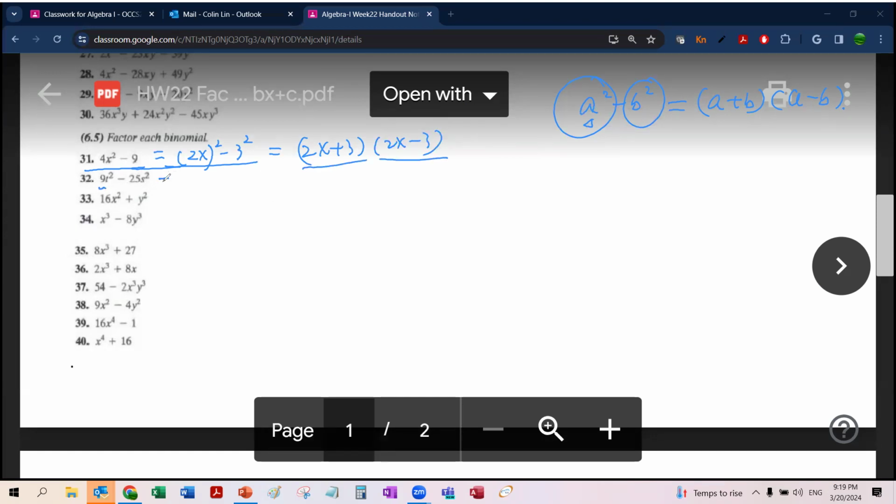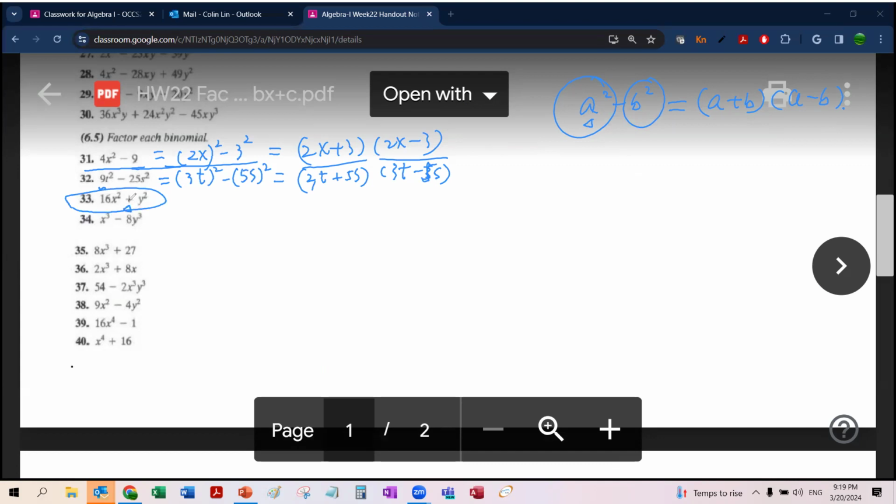So this one is the same, transform into 3t squared minus 5s squared, right? So it can become 3t plus 5s and 3t minus 5s. This part, be careful about this one.